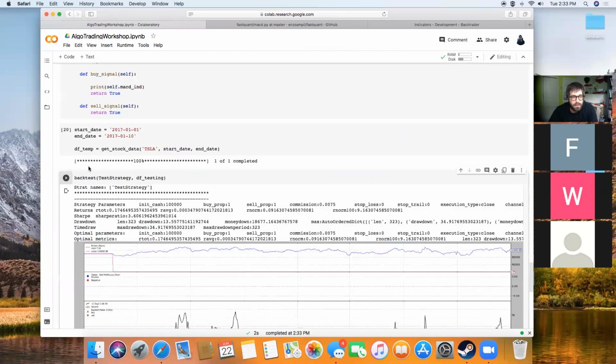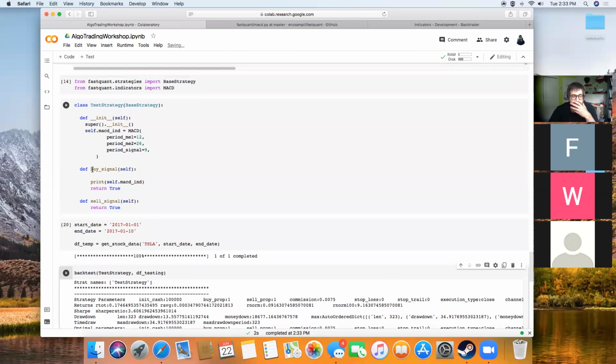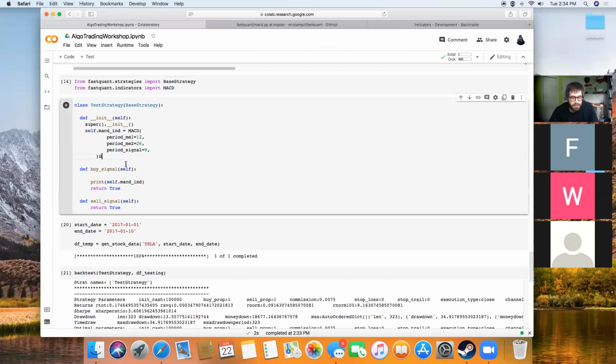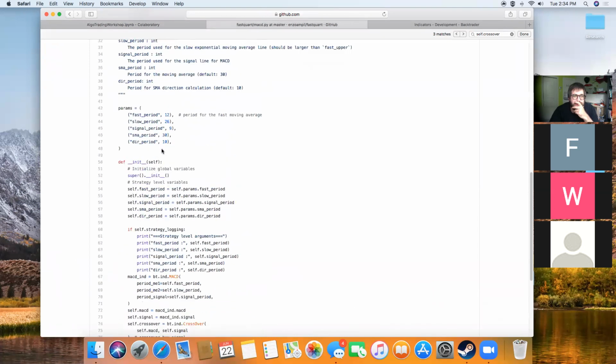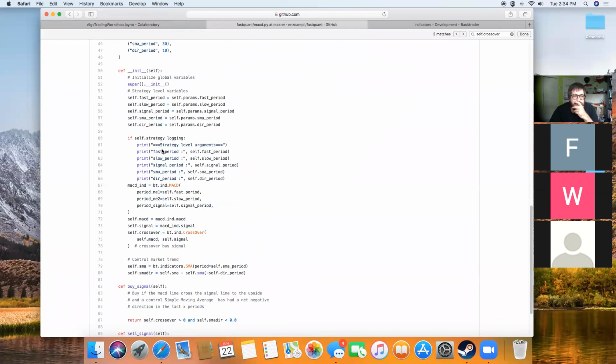And after that, the MACD line is basically the difference of the two, and then you have to find the signal line, which is the 9 days exponential moving average of the MACD, and then you have to find the histogram, which is the difference of the MACD and the signal line.